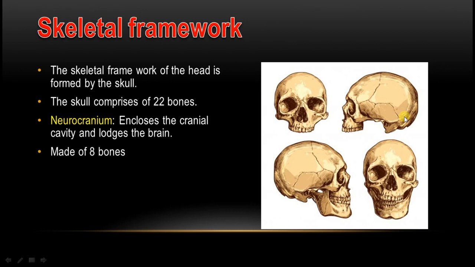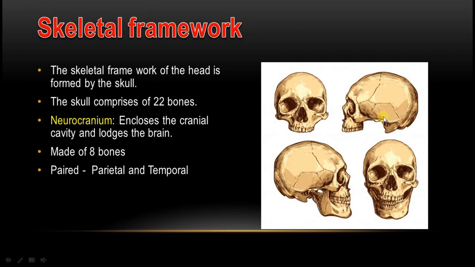So these 8 bones include both paired and unpaired bones. The paired bones are the parietal bones, which you see on either side, and the temporal bones. So a pair of parietal bones and a pair of temporal bones make 4 bones.